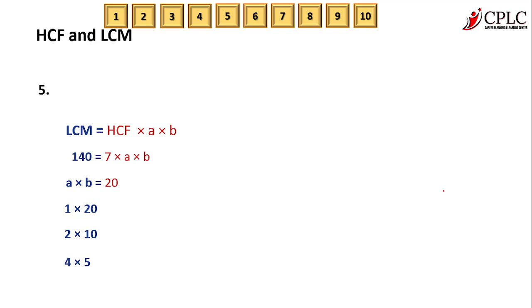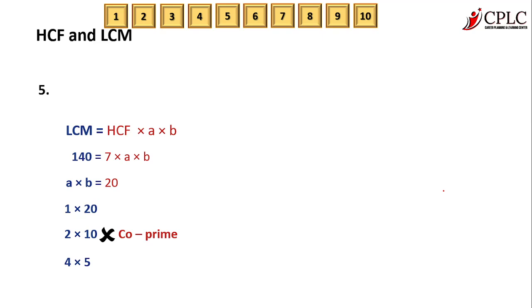But then again, do not forget the possibility that A and B are supposed to be co-prime. Now we have to shortlist the co-prime scenario. So only two of them are co-prime. 2 and 10 is not co-prime, so that possibility will cancel out.